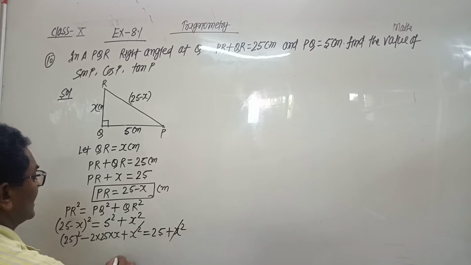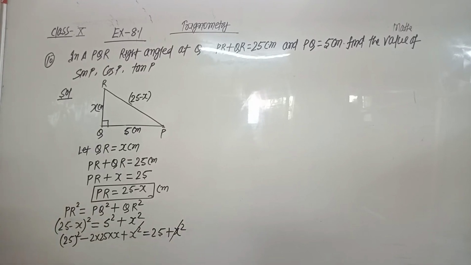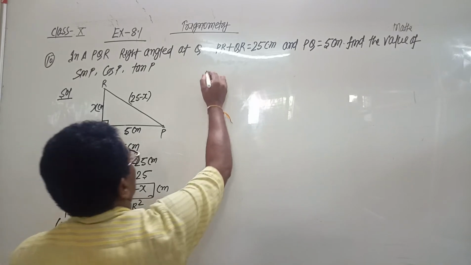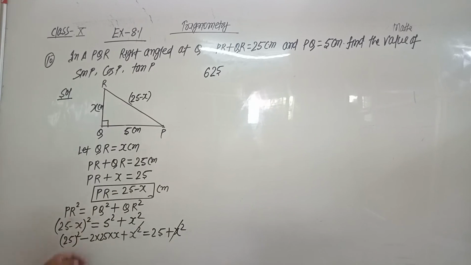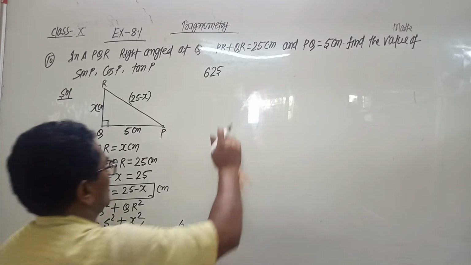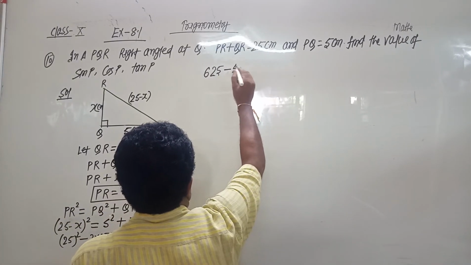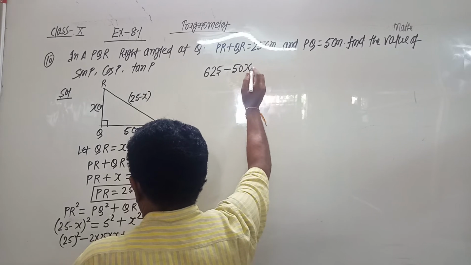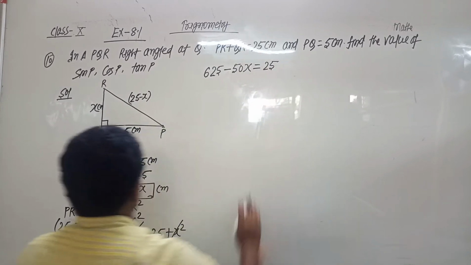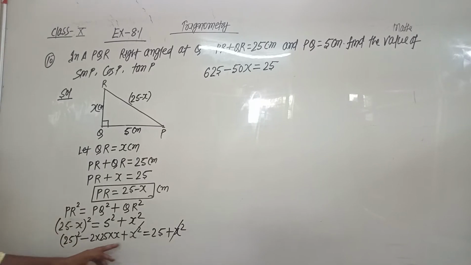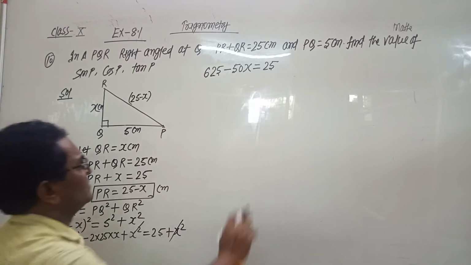From both sides x square gets cancelled. 25 square is 625, and 25 into 2 is 50x. So 625 minus 50x equals 25.